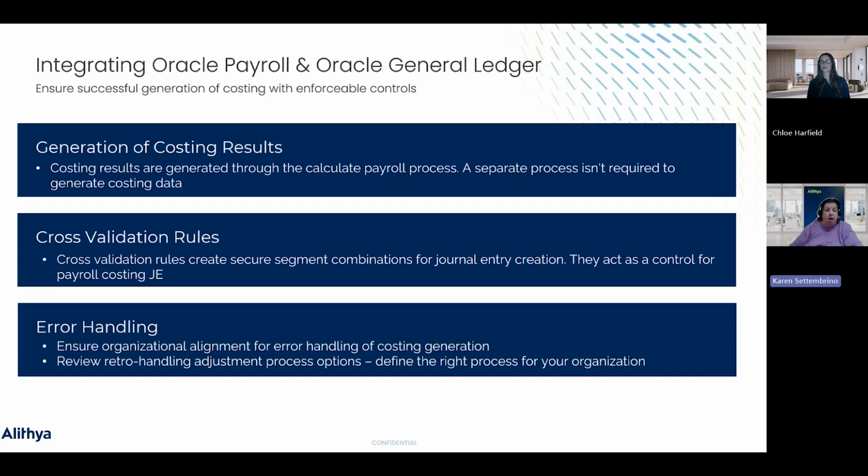And if you have that by accident and you try to send that over to the general ledger, it will give you an error saying that that's a cross-validation rule error. So you can, on the GL side, set up rules that say these account combinations should not happen.